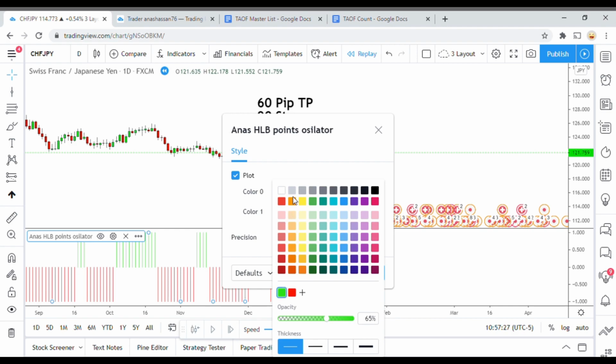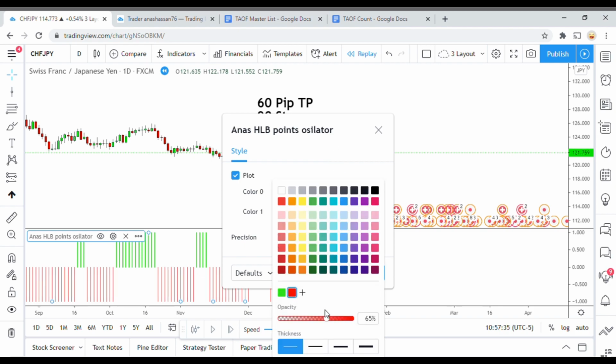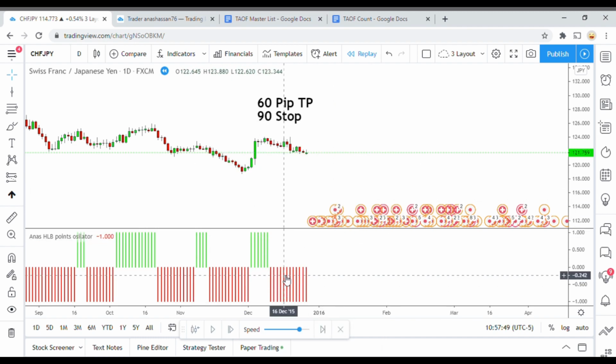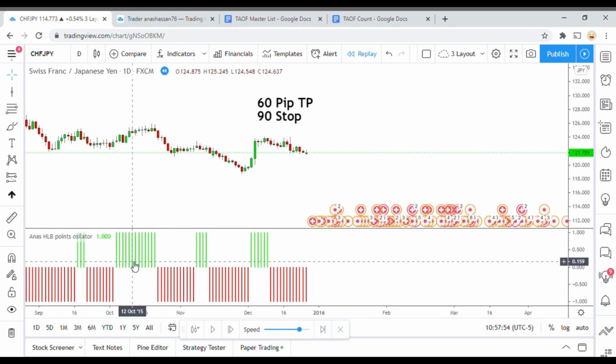Let me go ahead and modify these slightly, bump up the line weight, bump up the opacity, change the color ever so slightly. Come on, if I can get it to 90. There we go. Alright, so that makes it a little bit more visible on screen.